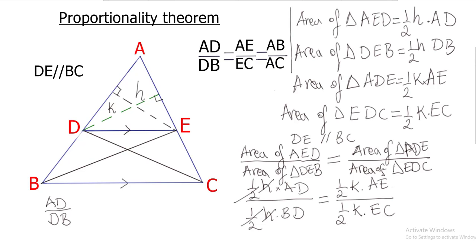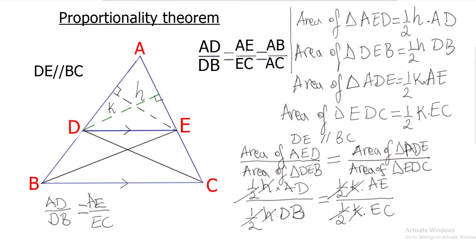And here also, you cancel K divided by K, and it is AE divided by EC.